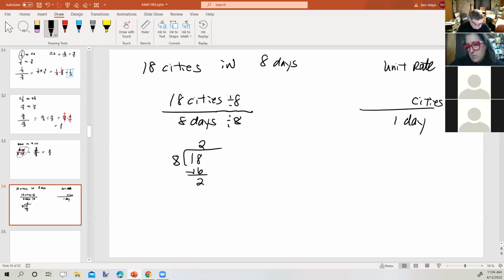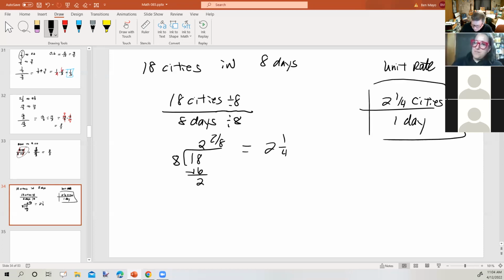Now, this particular set of directions just said, write each expression as a unit rate. It didn't say that the numerator should be a decimal or a mixed number or an improper fraction. If I went as a mixed number, I would have 2 2/8, which could be reduced to 2 1/4. Okay, so that is a correct answer. Any question about that?